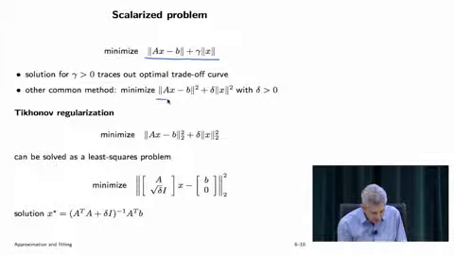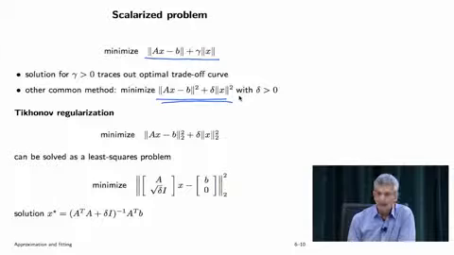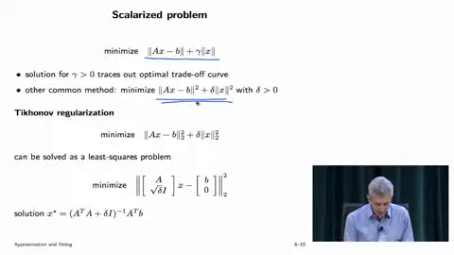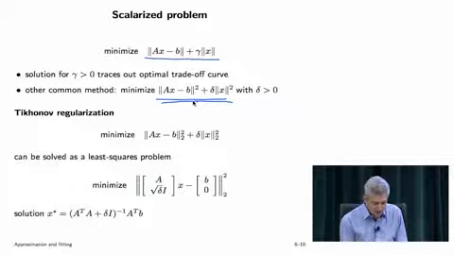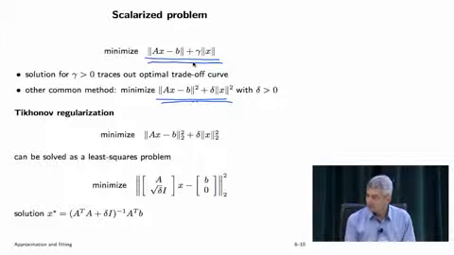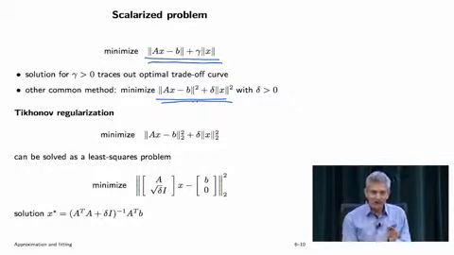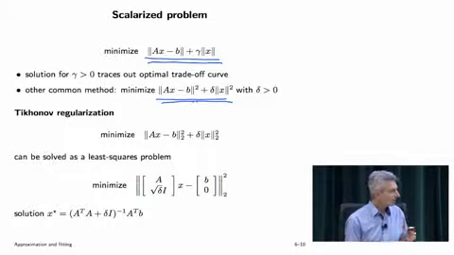A very traditional method is to square the two. You get the same trade-off curve, and by the way, that's something you would want to check, right? That in fact the curve of solutions here, parameterized by delta, is identical to the curve of solutions parameterized by gamma here, right? So in fact, you could even work out how delta and gamma are related, right?